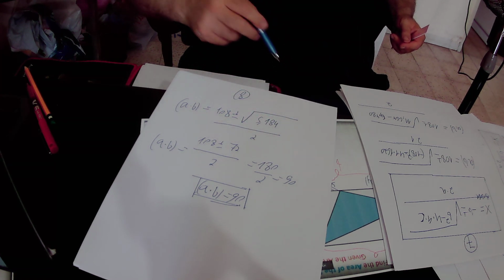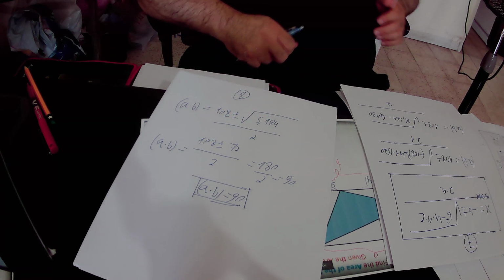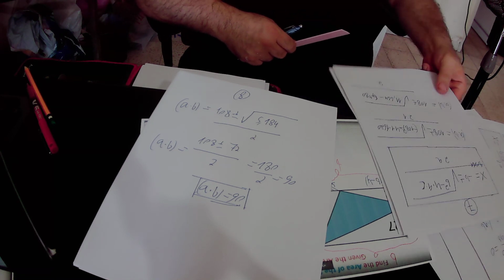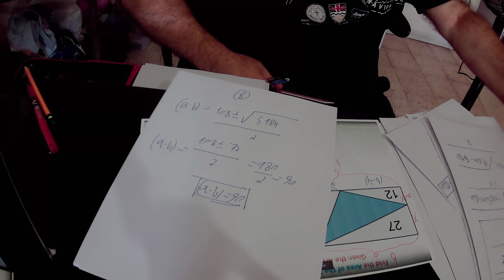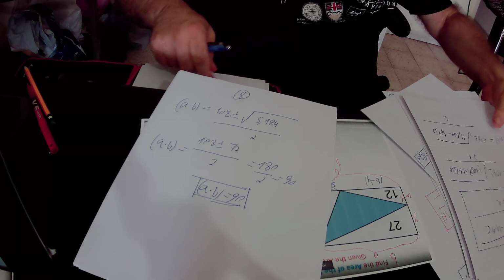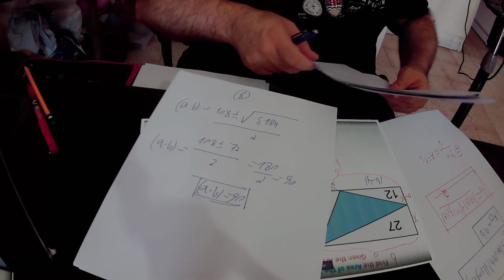So the first answer for ab, that is actually the area of the rectangle, is 90 units.